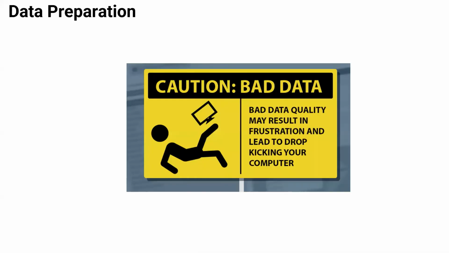And the third issue I see with the data pipeline issues is about data preparation itself. I'm not sure if many of you realize this, but data preparation is not an easy task. On average, about 80% of the data scientist's job is spent on preparing the data.